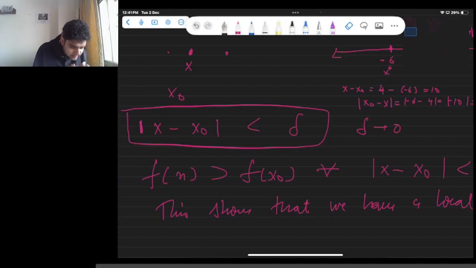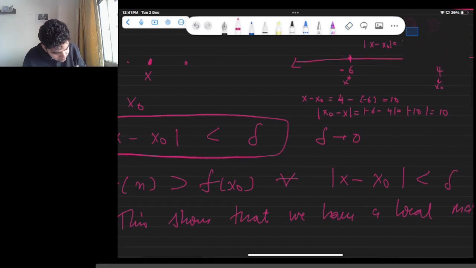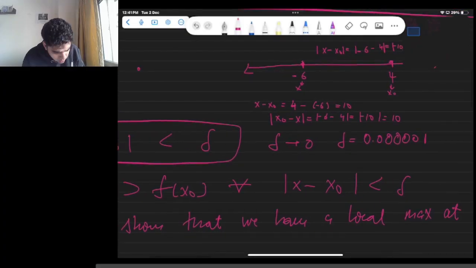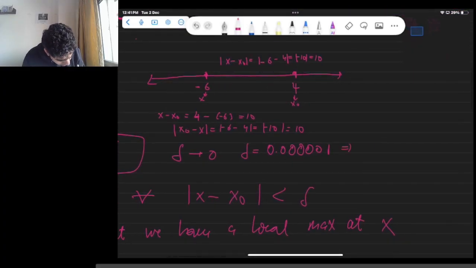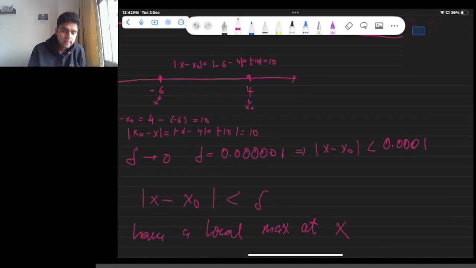So delta can be 0.1, delta can be a very small number, let's say 0.000001. So the distance between x and x naught is less than 0.000001. So we can say that these 2 points are very close, because the distance between the 2 points is very small, right?